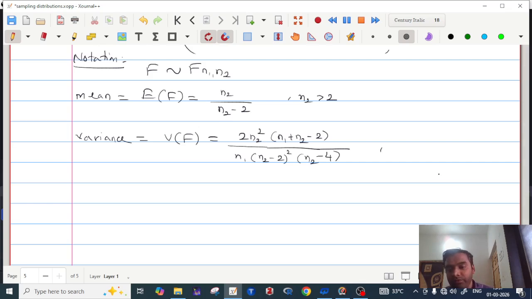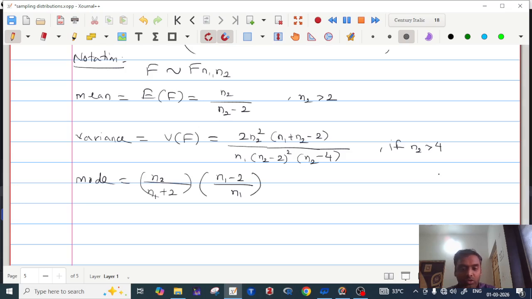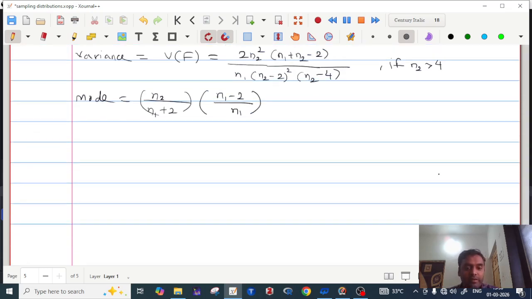It is defined if n2 is greater than 4. Then the mode of the F distribution is n2 divided by n2 plus 2, multiplied by n1 minus 2 upon n1.